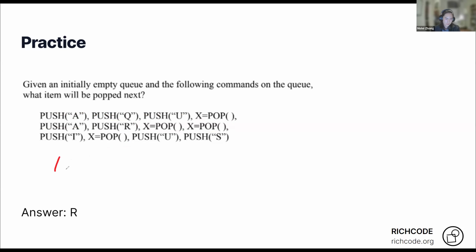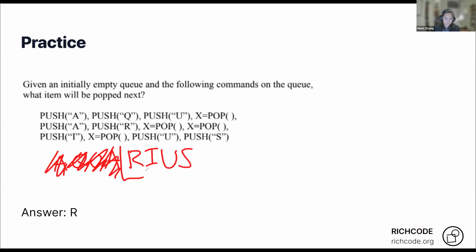So we have A, Q, U, we pop A, push another A, R, pop, pop, push I, and we pop, we push U, push S, and R is the next element that will be popped.